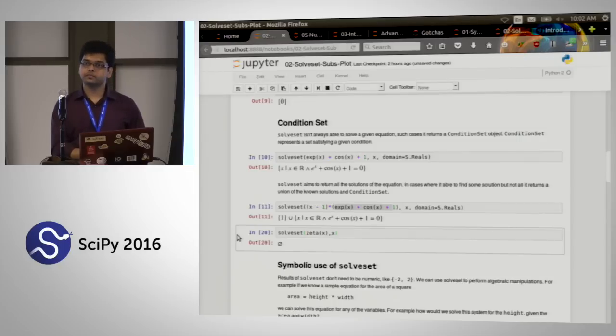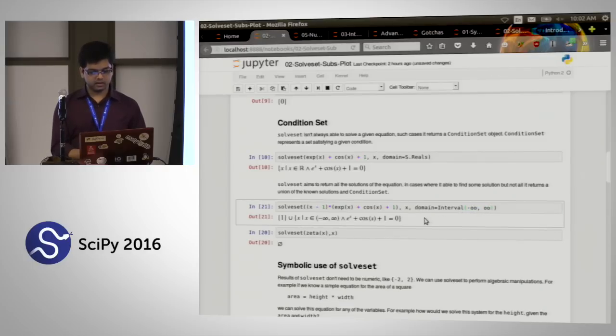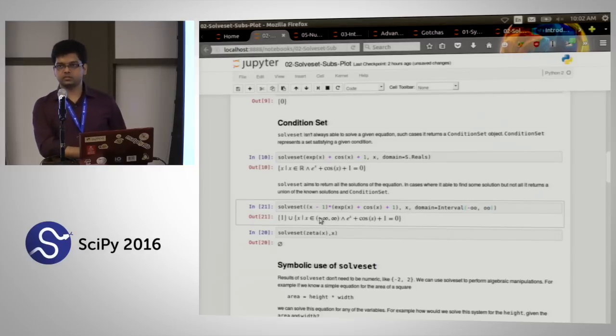How do you specify that the solution is positive? If you want to specify that the solution is positive, you just put the domain as an interval from 0 to infinity, and it will make sure the solution is positive.